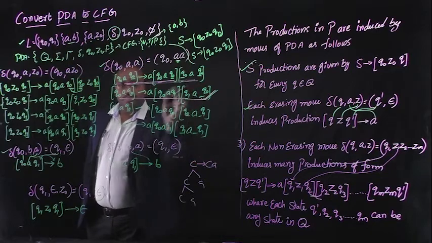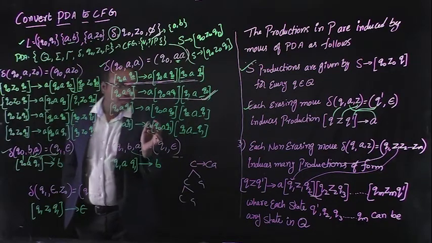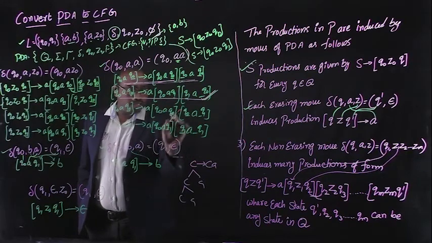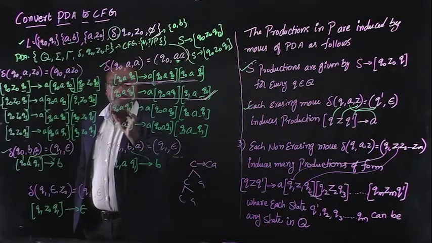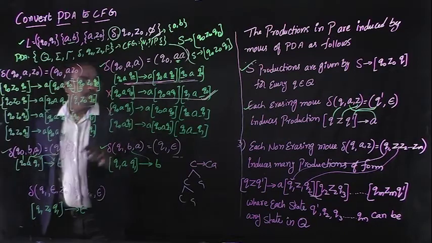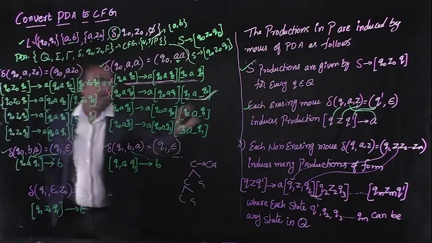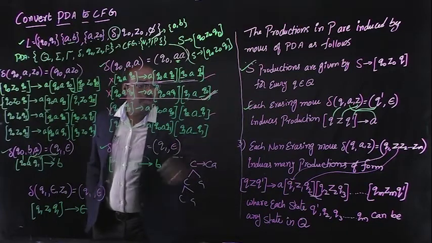So these three production rules can be removed from the list.